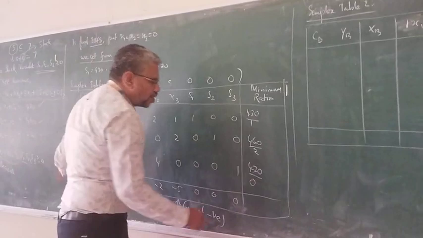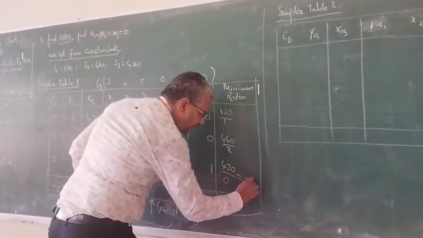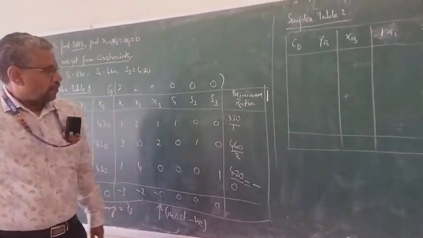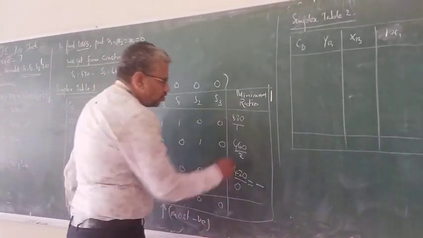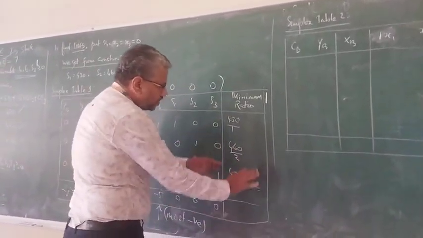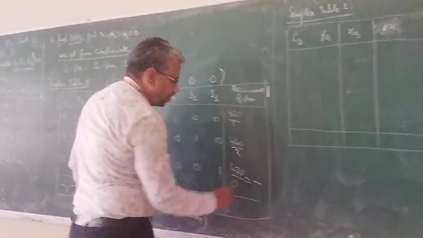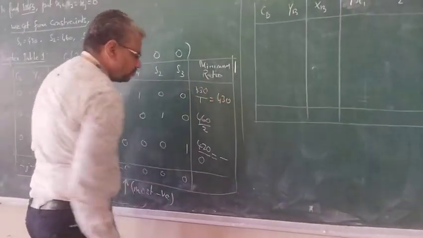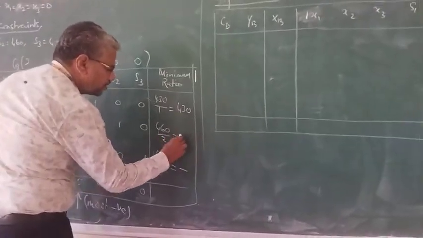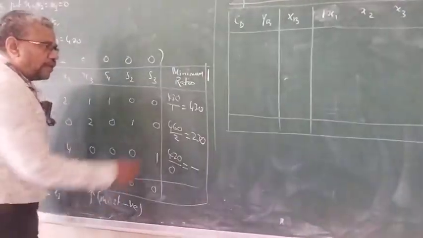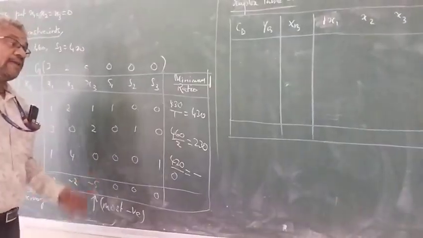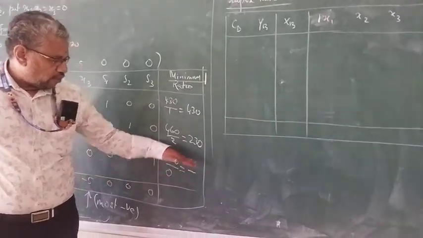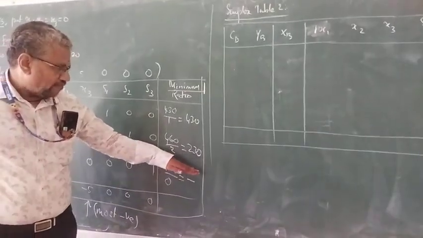Once you get 0 or a negative, you should not take the value. Therefore put a dash, simply dash. So you should not take it into consideration for finding the minimum ratio. Now 430 by 1 is 430, 460 by 2 is 230. So we have got 3 ratios, out of which one is invalid.